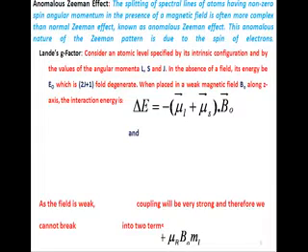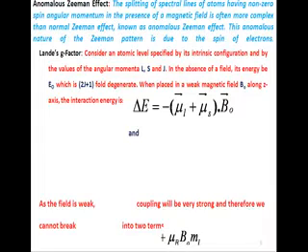Now, let us discuss this formula. In the previous case, in the normal Zeeman effect, this interaction energy is equal to minus mu L dot B naught, because in that case S is equal to 0, which makes the spin angular momentum 0. In the anomalous Zeeman effect, we are considering the spin angular momentum also.